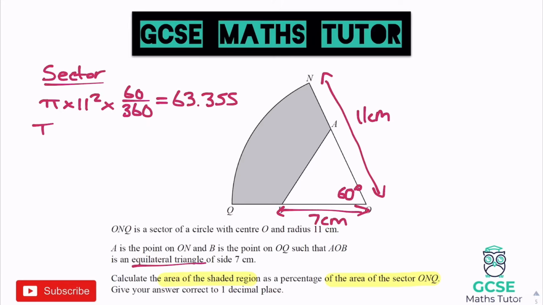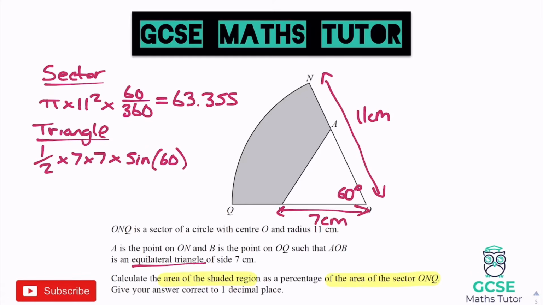So for the triangle, and we'll label all this up again, we need to do half ab sine C. So we've got half times a, which is 7. Again, the other side's 7 as it's an equilateral, so that's going to be 7 as well, times sine 60. Very similar to before, but obviously that triangle isn't extending all the way up to the circumference, but that's fine, as long as we can get the area of that triangle, which we can, as it's given us the length.